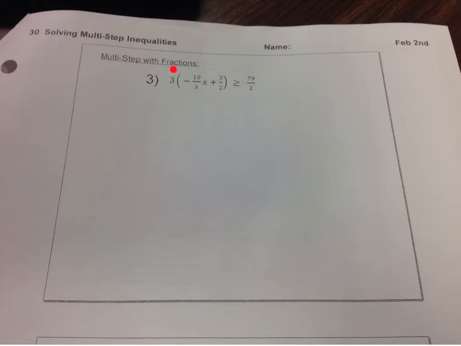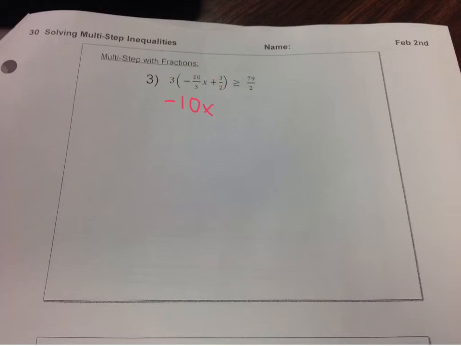The first thing we're going to do is 3 times negative 10 over 3 x, because we're going to start with the distributive property. And when I do 3 times negative 10 over 3x, I actually get negative 10x, of course, we have to carry that variable. And then I'm also going to do 3 times 3 halves, and I get 4.5.